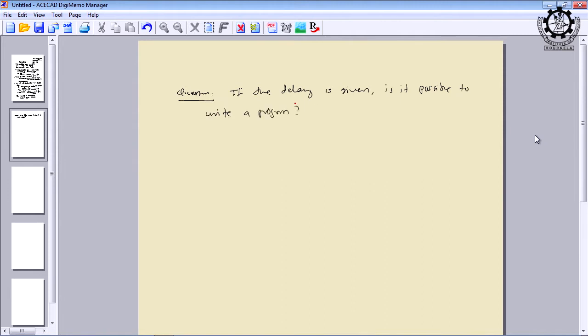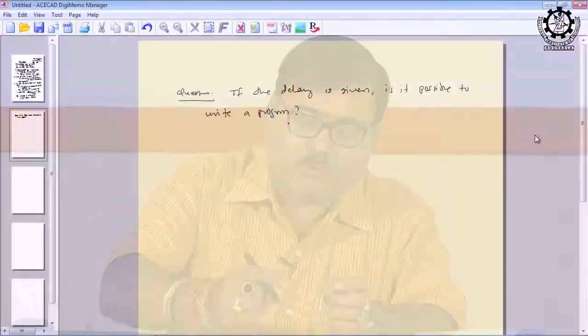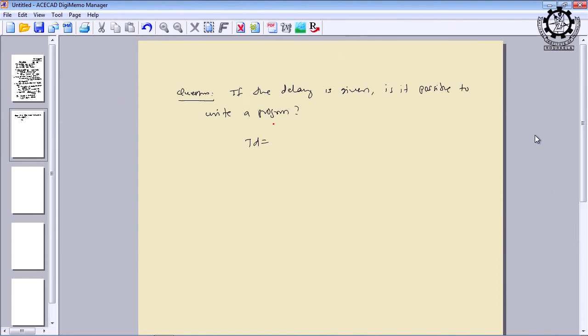So, the reverse can also be true. Suppose the delay is given to you and you have to write the corresponding program which takes the exact amount of delay. Suppose this total time T D is given to you. What is T D?